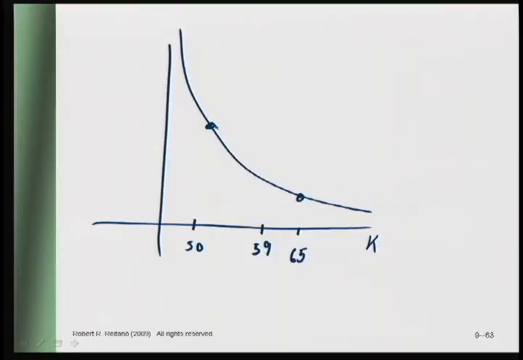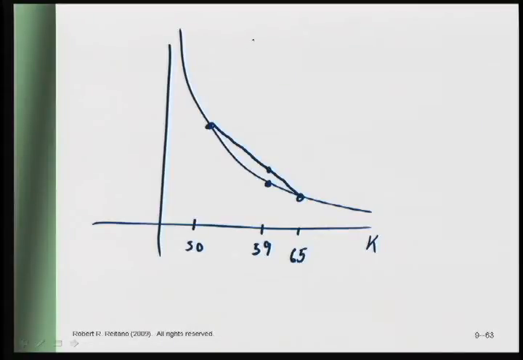Now, what we expect is that the price at 59 should be below the interpolated value of the prices at 50 and 65. Right? That's what the convexity assumption meant.